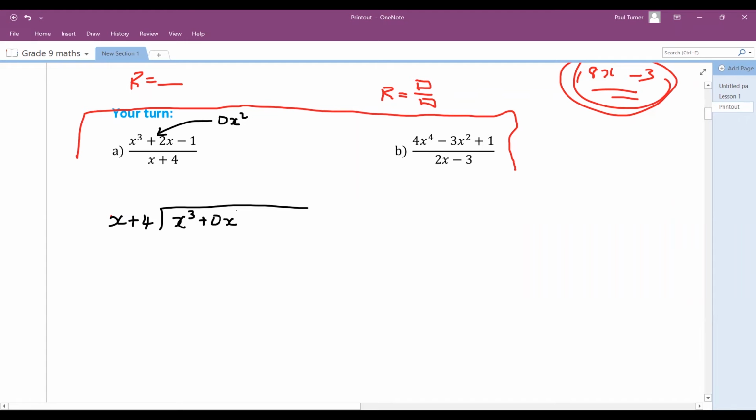Just make it plus. And then plus 2x minus 1. Okay, so put a 0 in there for the space. And also this one here, we're missing an x cubed and an x term. So 4x to the fourth plus 0x cubed minus 3x squared plus 0x plus 1. It's a bit long, that one.